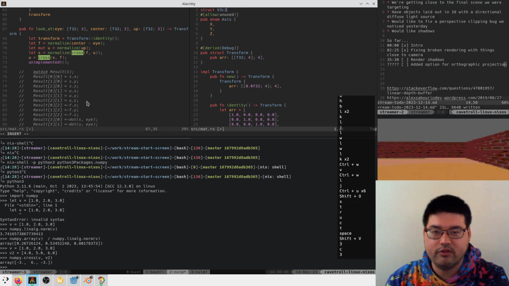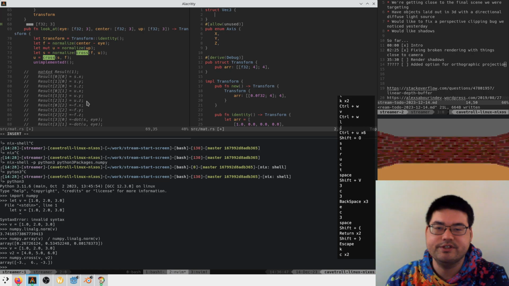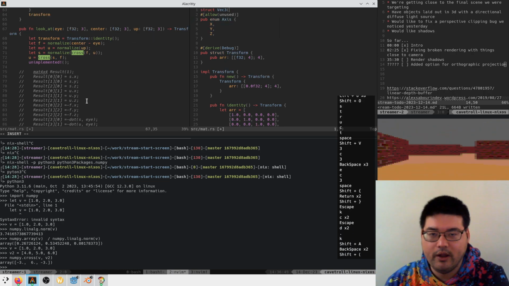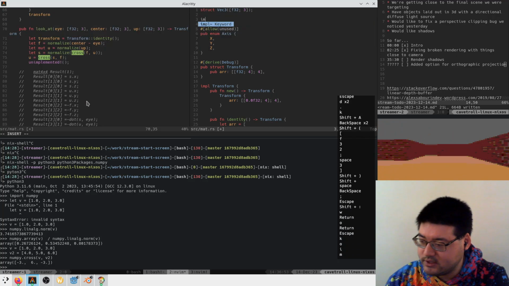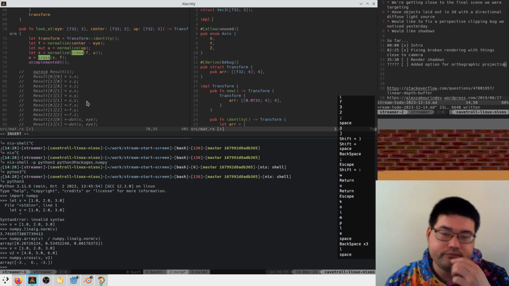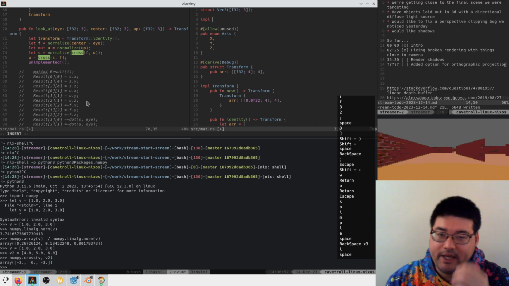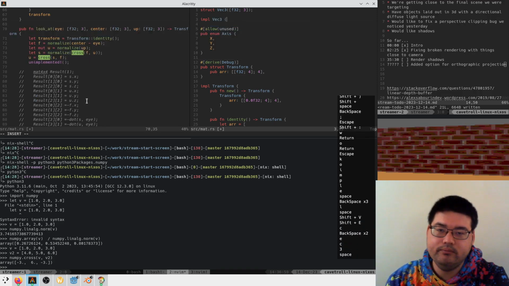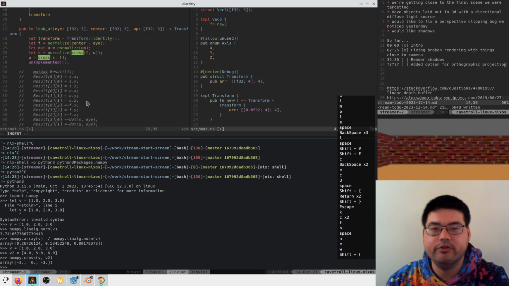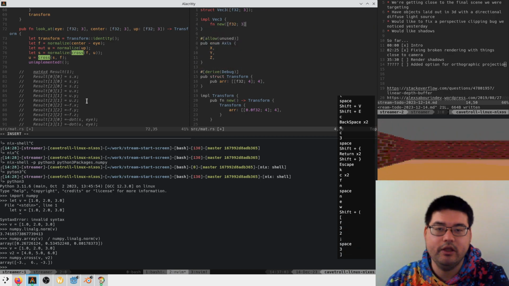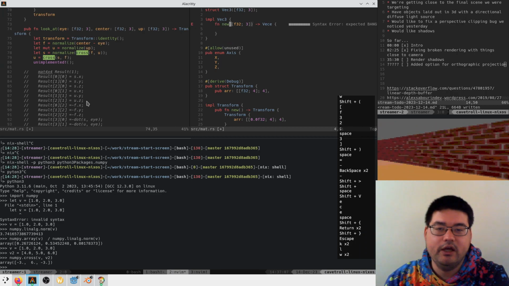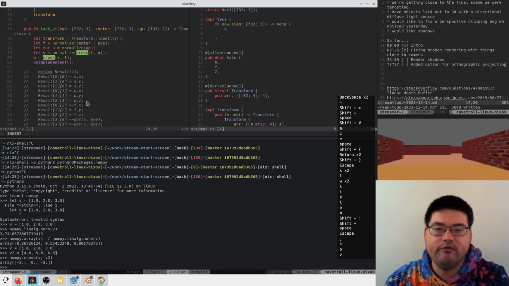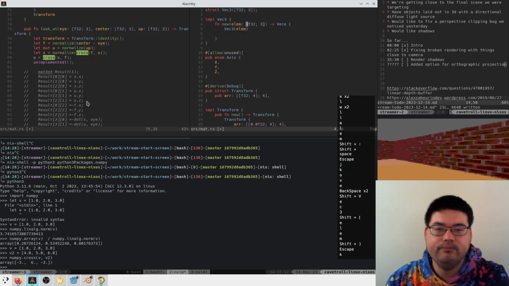So struct vec3 is just a wrapper around f32s, but we need to implement something for it. So we'll make a function new that takes in an f32 by 3 and returns vec3, which is just vec3 elem.